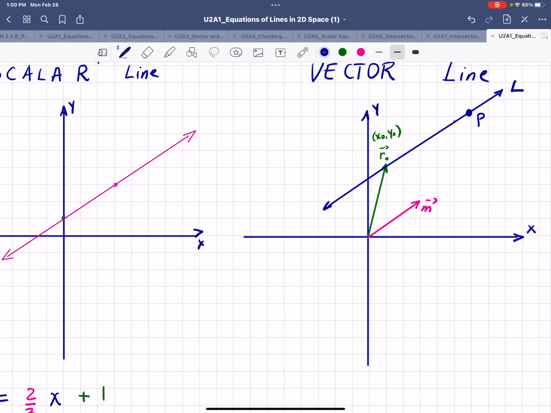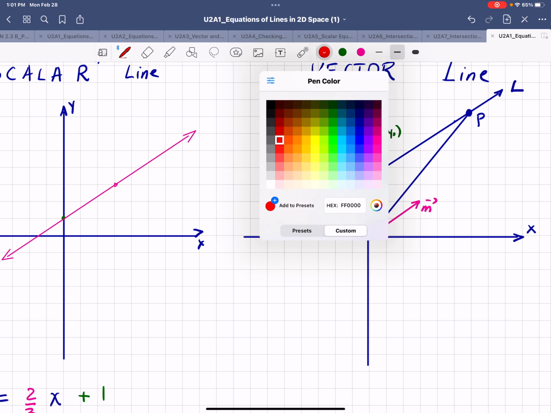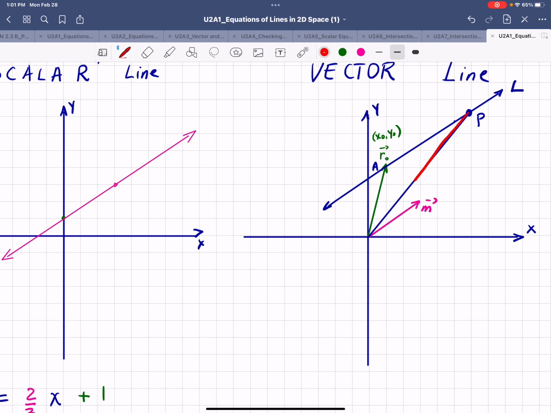If I call the head of vector r0 A, then I would say that the vector OP, which is this one right here, and just to honor it, we're going to make it bright red so it stands out.